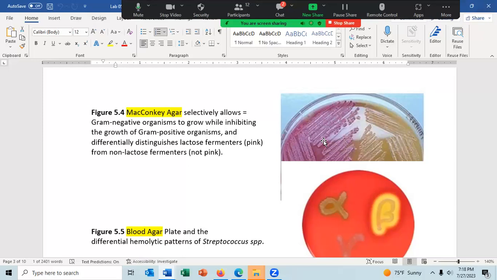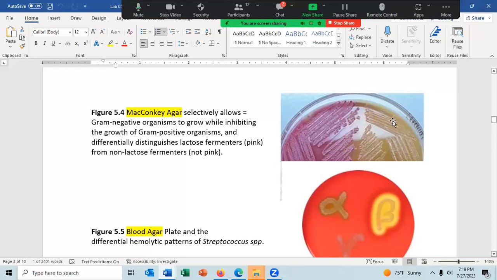It's also differential in its ability to look at lactose fermentation. If the organism can grow on the plate and it does not ferment the sugar lactose, the organism will be its normal color, which in this case is white or off-white.